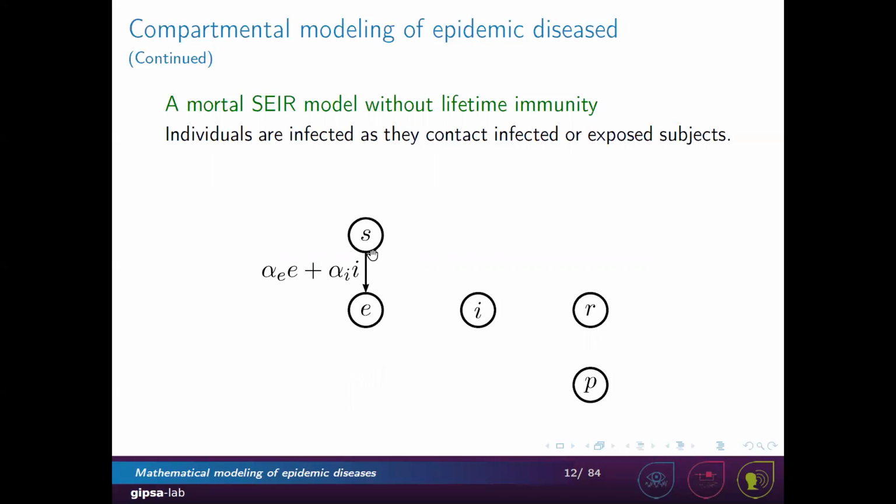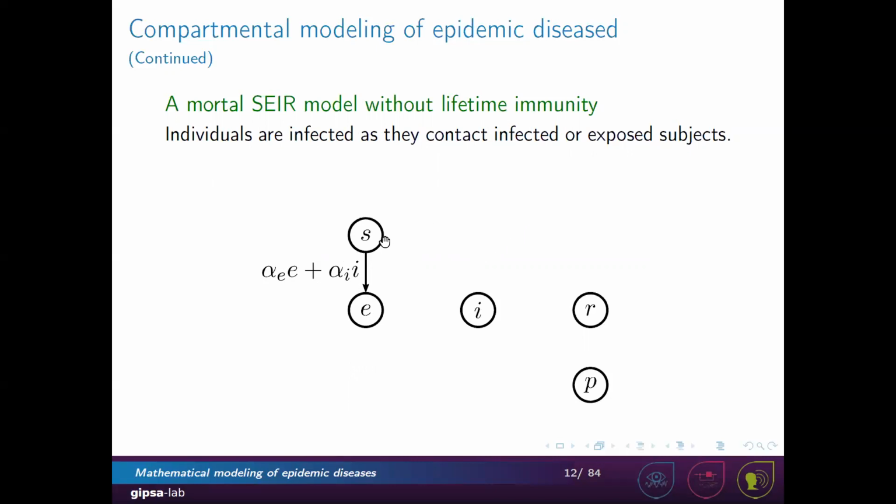And the rate at which they exit the group of susceptibles and enter the group of exposed is proportional to the number of exposed people in the population, and also the number of infected people.